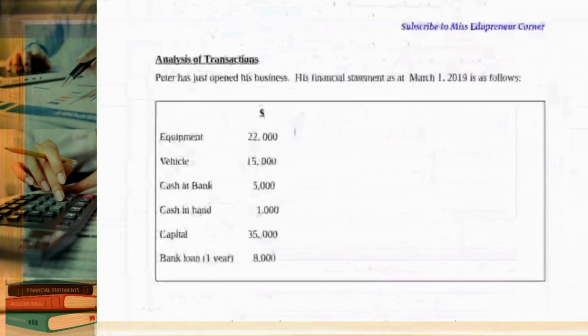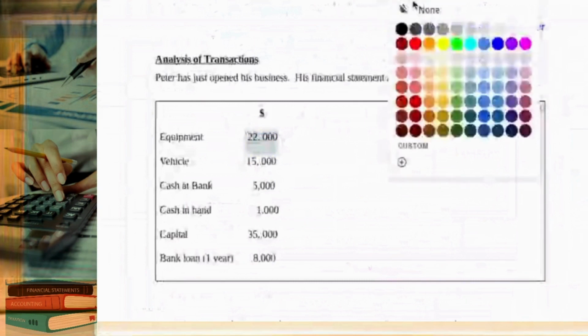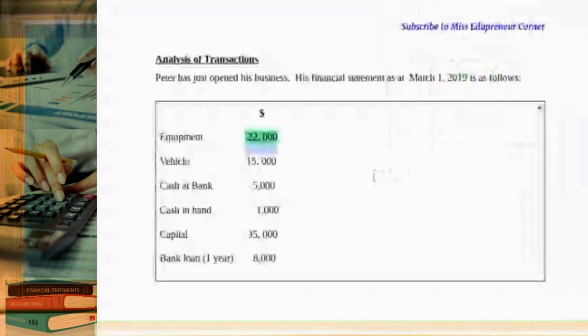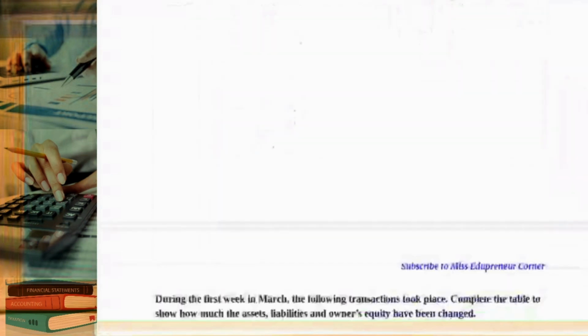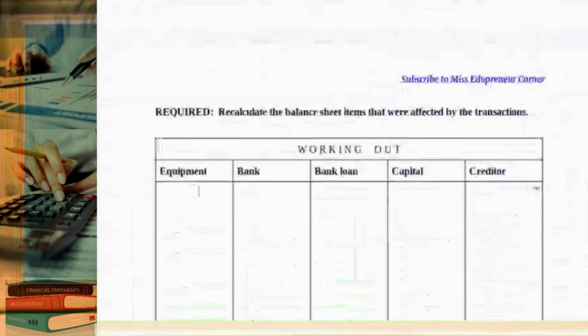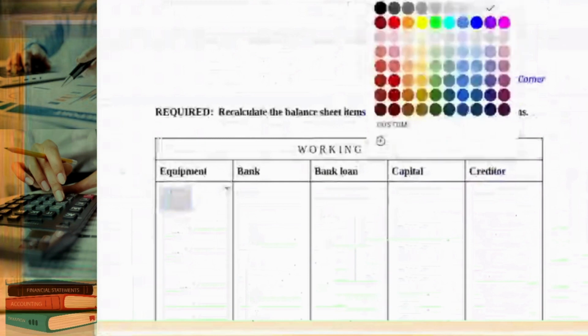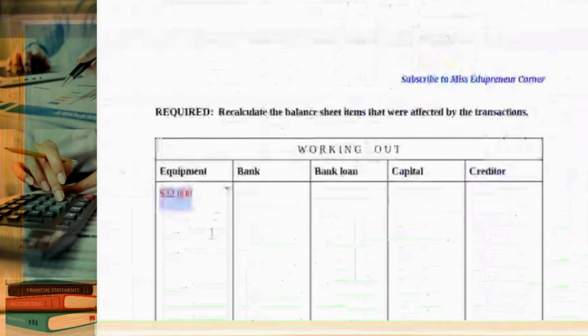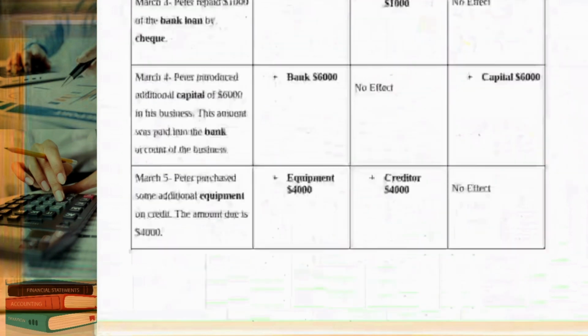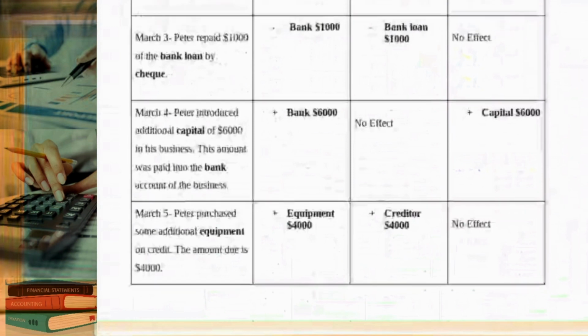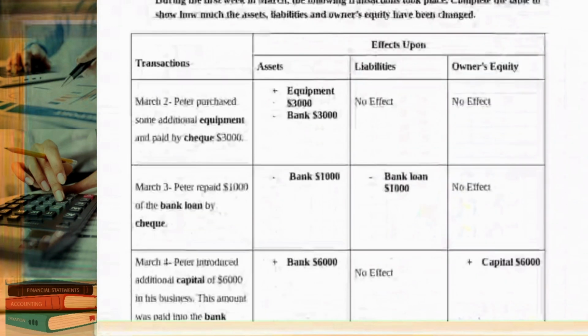And here we have it, $22,000. So this is what we're going to start off with. So we take that $22,000 and we bring it right here. So I'm going to put the original figures in red. And then now we're going to go to the effects table and we're going to highlight all the transactions where equipment was being affected.